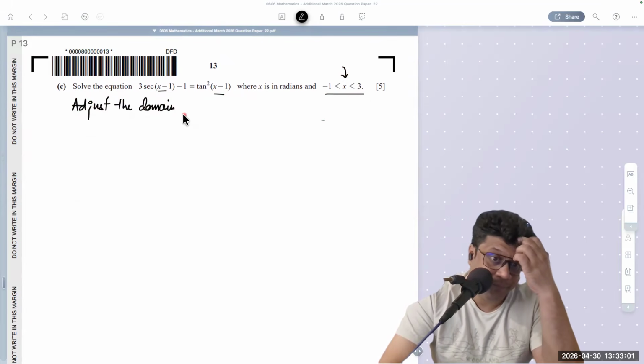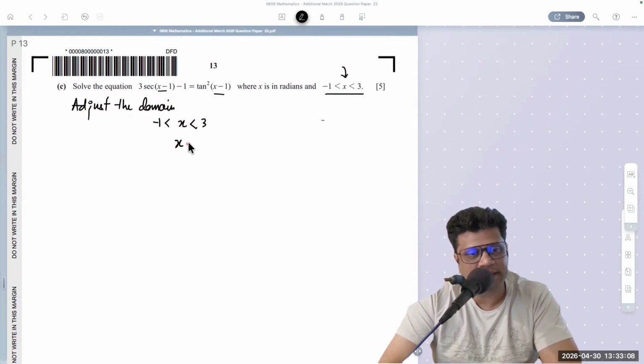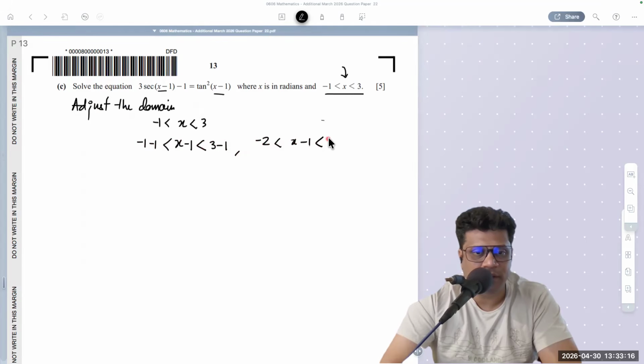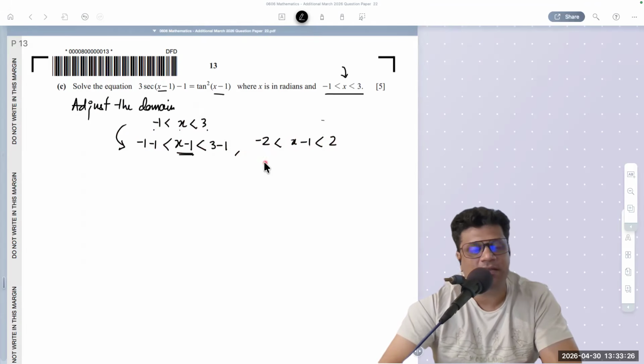If x lies between 3 and -1, I know x minus 1 will lie between -1 and 3 -1. That literally is -2 to x minus 1 to 2. So the idea to adjust domain is to subtract a 1 from all 3 to get our x minus 1 at the center.